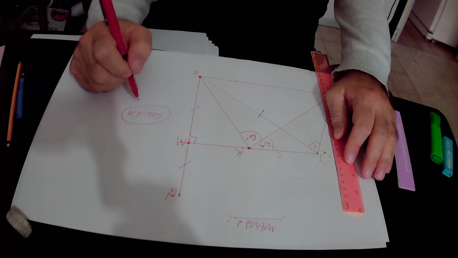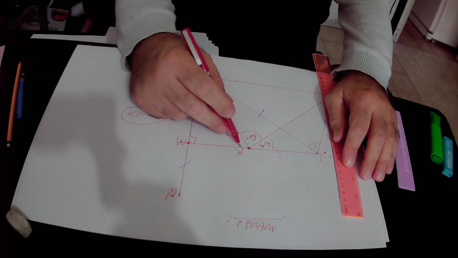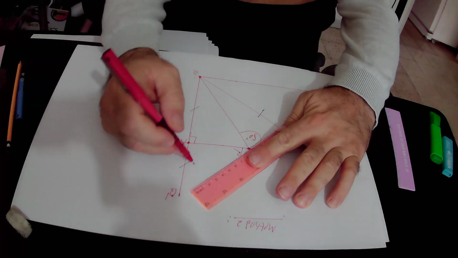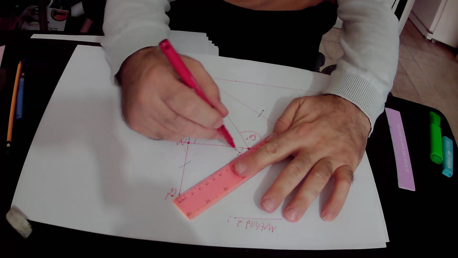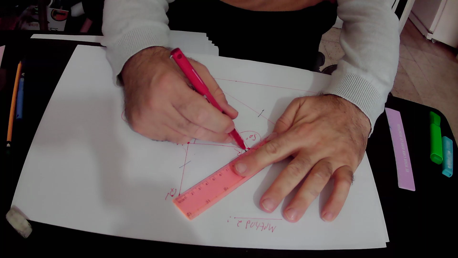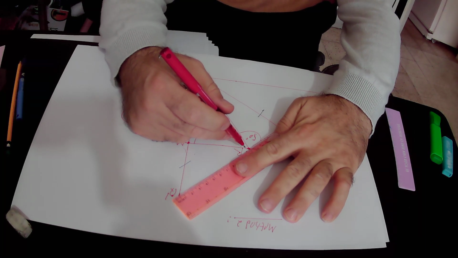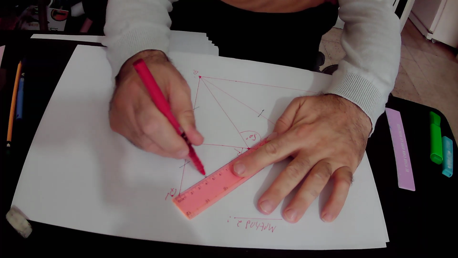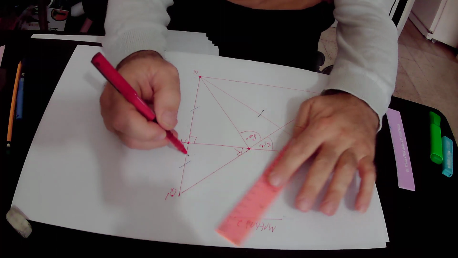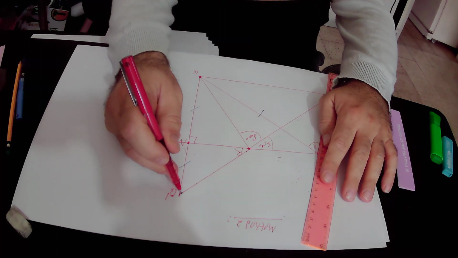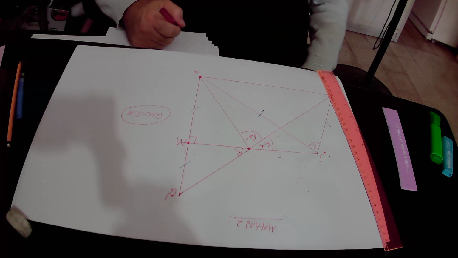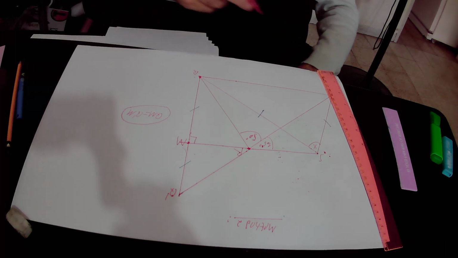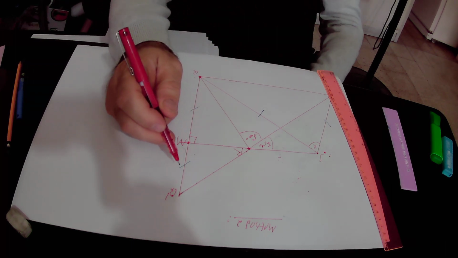Then we'll join together points R and Q by a straight line. And we'll join together points S and Q dash.